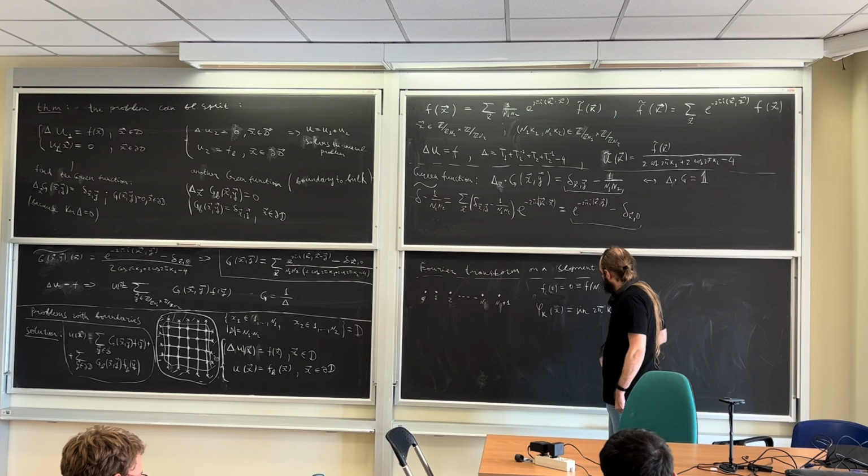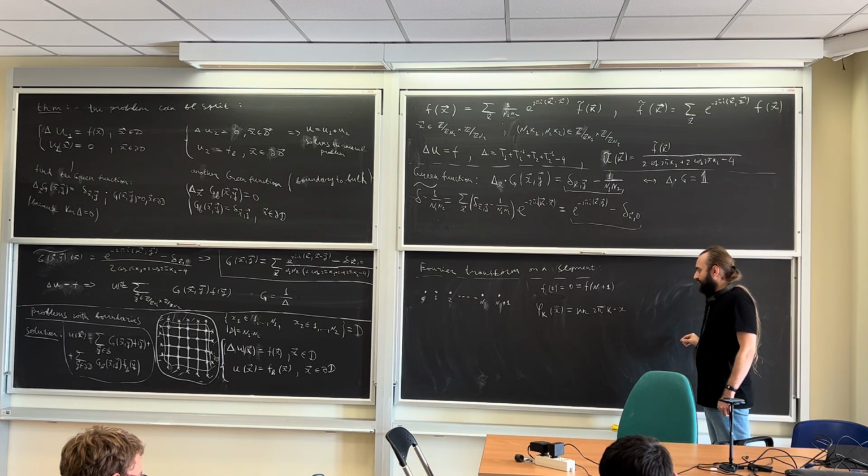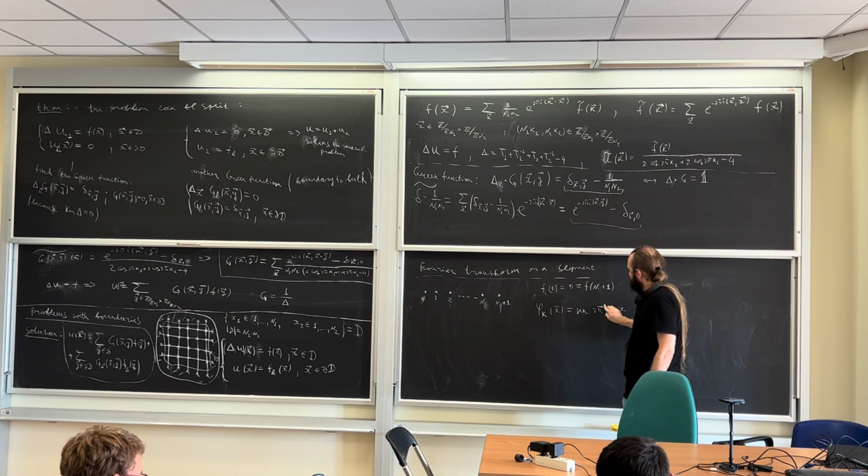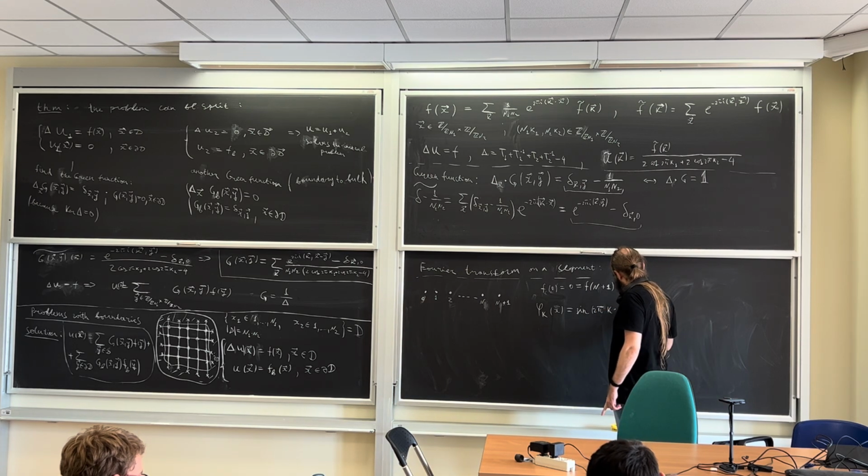Okay, with the same properties as before, so that k times n is an integer.